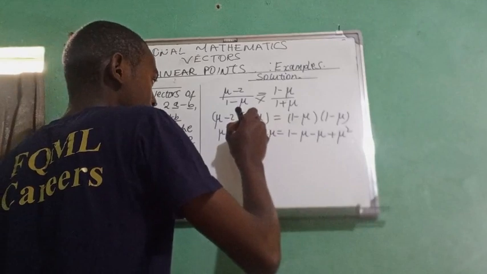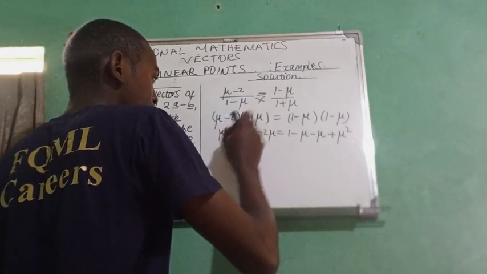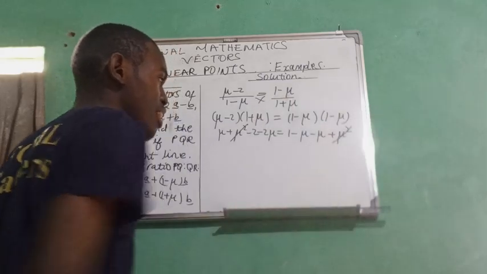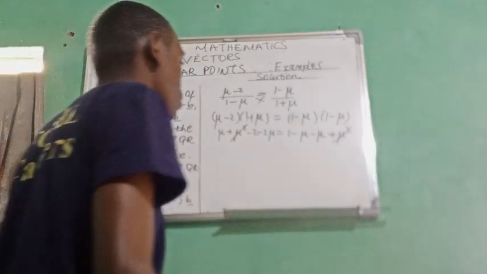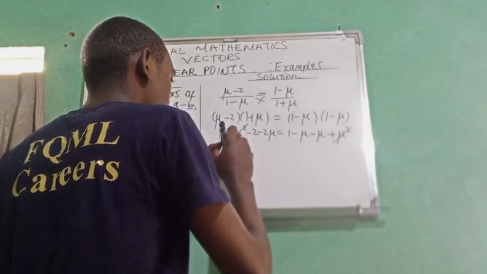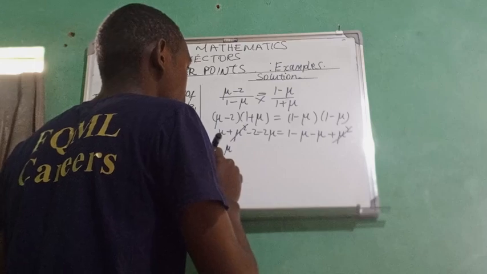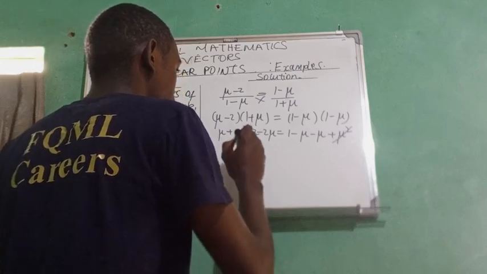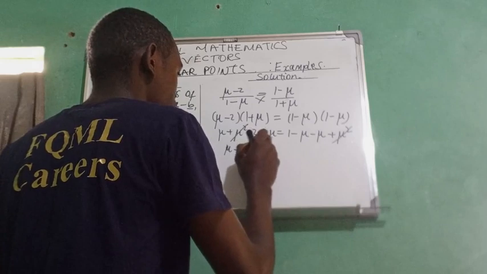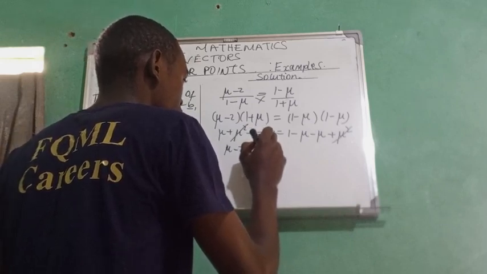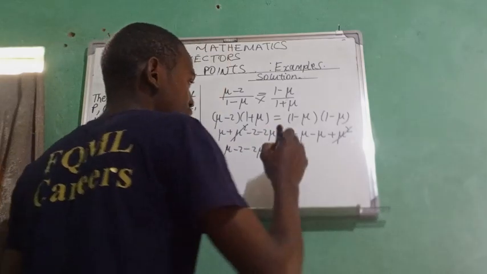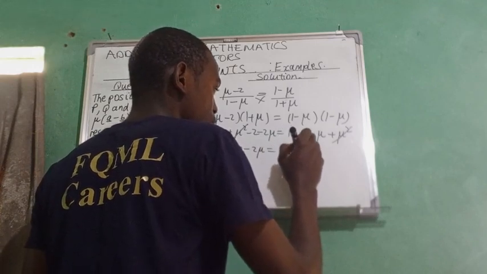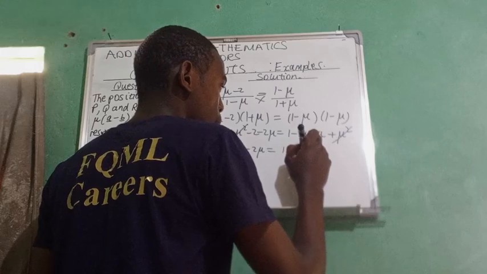Alright, so we have simplified and we can see things that we can already cancel out. We have a positive mu squared and a positive mu squared. They can cancel out since they have the same signs. And then here we can now simplify. We'll say mu minus 2 mu is equal to, before we collect like terms, let's just write it out, 1 minus mu minus mu.